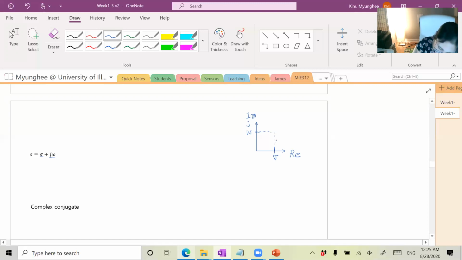So let's say this is S, which is sigma plus j omega.